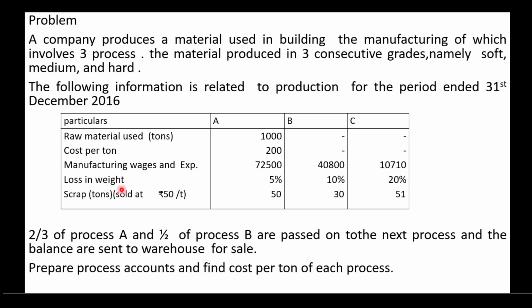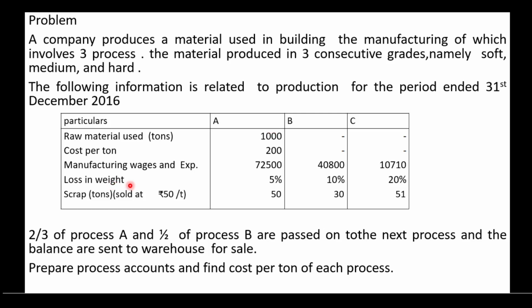For process A 5%, B 10% and for C 20%. These percentages are calculated on the input tons, so we have to calculate these losses on the basis of input tons. This loss in weight is entered on the credit side of the process account.